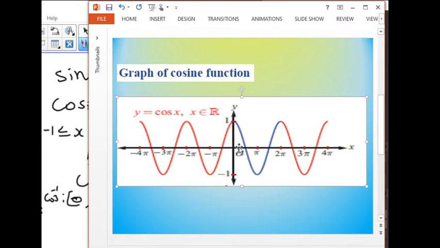Then cos pi by 2 is 0, so that point is pi by 2. Then cos pi is minus 1. Then cos 3 pi by 2 is 0. Then cos 2 pi is 1, so it goes up.